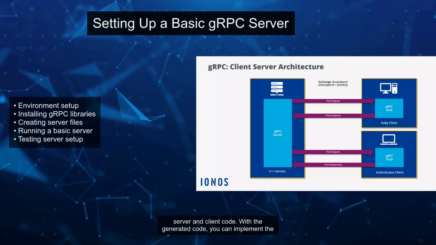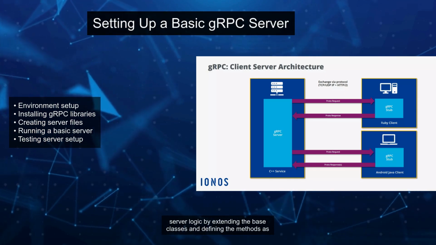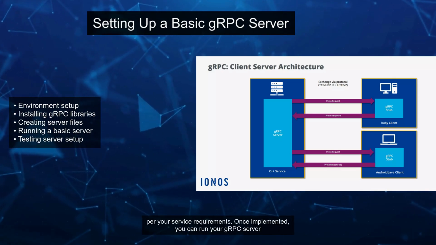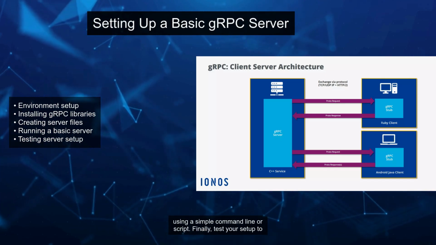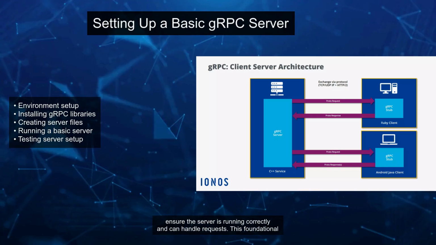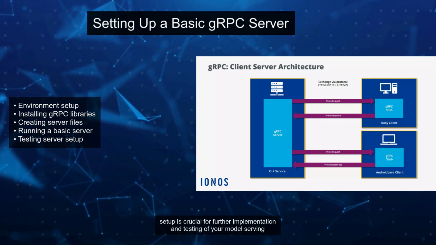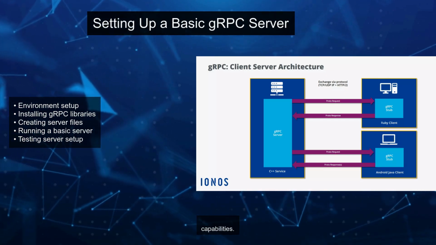Then, use the protocol buffers compiler to generate the server and client code. With the generated code, you can implement the server logic by extending the base classes and defining the methods as per your service requirements. Once implemented, you can run your gRPC server using a simple command line or script. Finally, test your setup to ensure the server is running correctly and can handle requests. This foundational setup is crucial for further implementation and testing of your model serving capabilities.